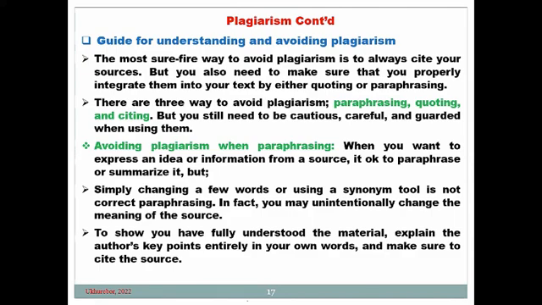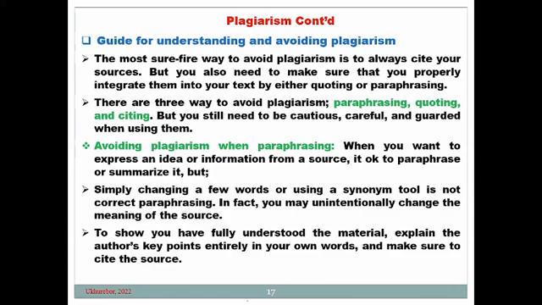Either you paraphrase or you quote. Quoting, you put in quotation marks, or you cite the work. But you still need to be cautious, careful, and guided when using these 3 methods to beat plagiarism. Even when you are paraphrasing, you still need to be very careful. Let's look at how you are going to avoid plagiarism when you are paraphrasing.